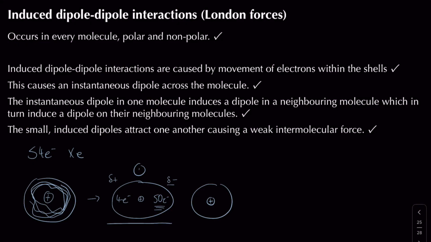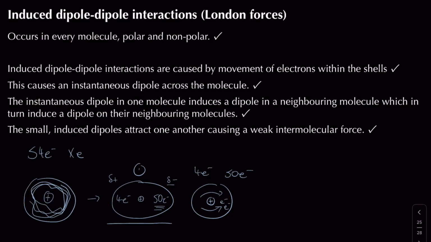This electron-rich area is going to repel electrons in another molecule, and so it creates a dipole in this molecule itself. Now, if all the electrons move to this side over here, where we end up with a similar distribution of electrons, with 50 electrons on this right-hand side and 4 electrons on this side over here, what we've basically done is we've induced a dipole into this neighboring atom itself.